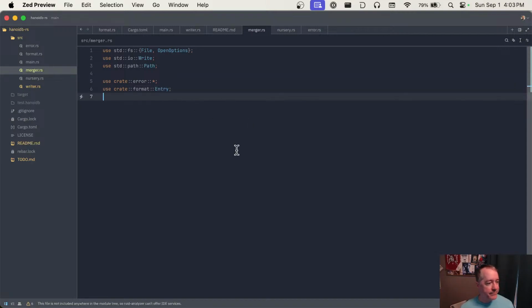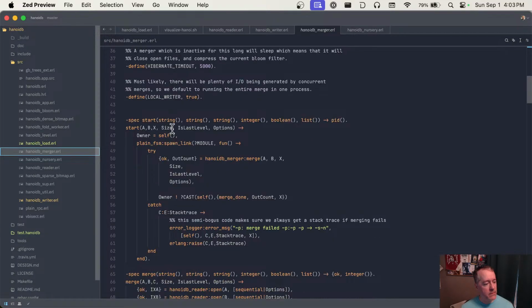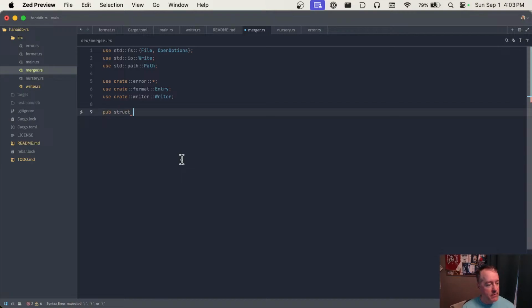Okay, we may not even need write, because the essence here is we use the writer. So we're going to need create writer. Okay, and then we're going to make a struct, which is the merger.